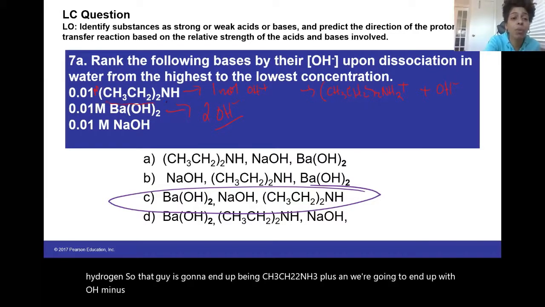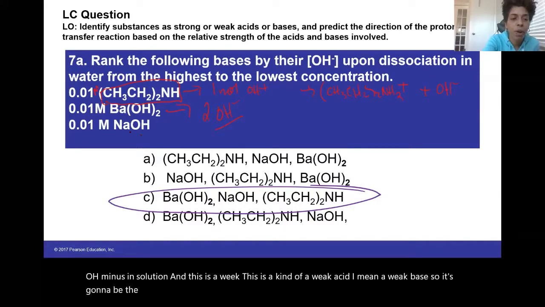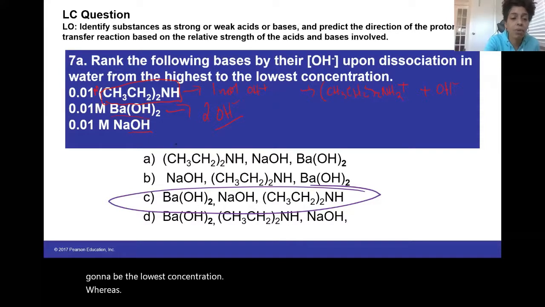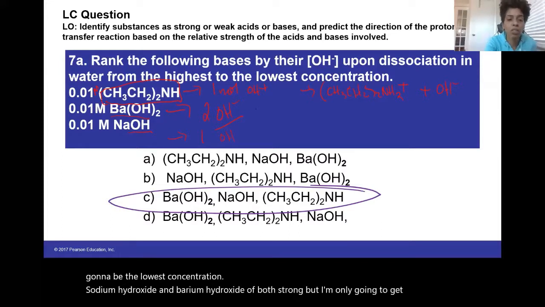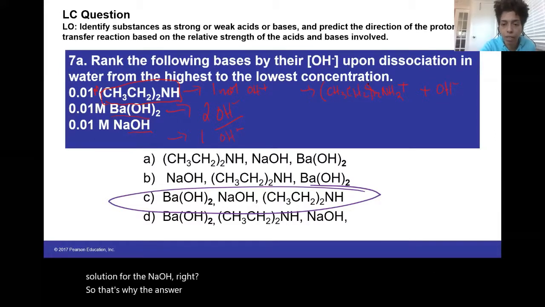And this is a weak base, so it's going to be the lowest concentration. Whereas sodium hydroxide and barium hydroxide are both strong, but I'm only going to get 1 OH in solution for the NaOH. So that's why the answer is C. Did I write that right? Yeah, I did.